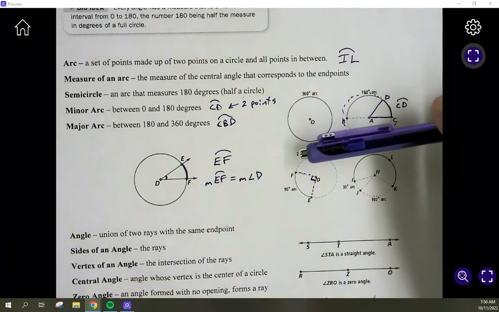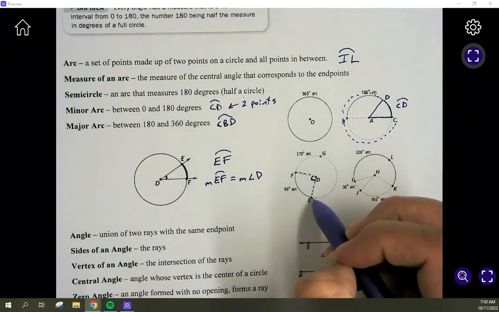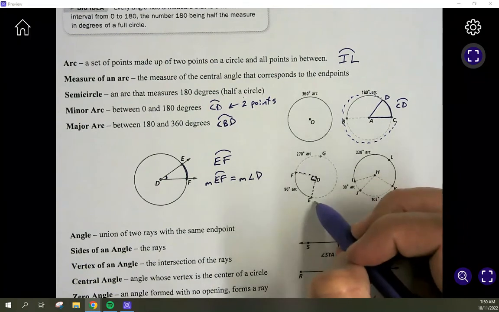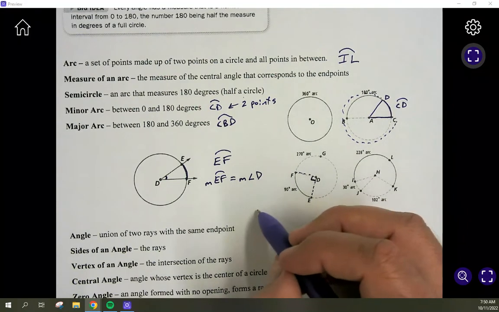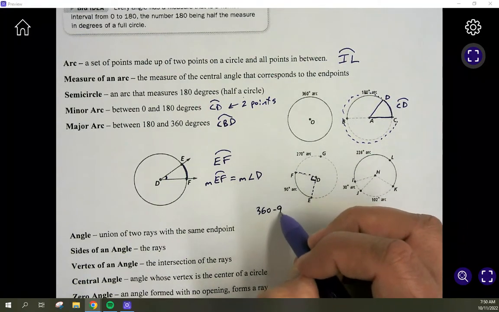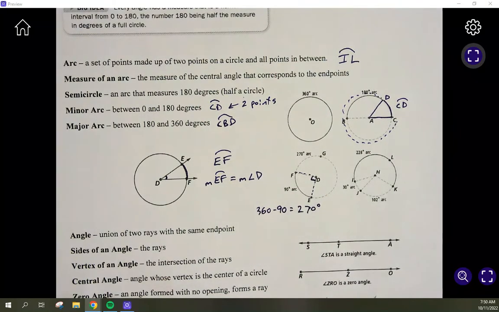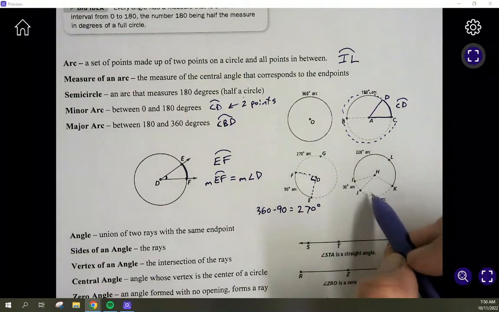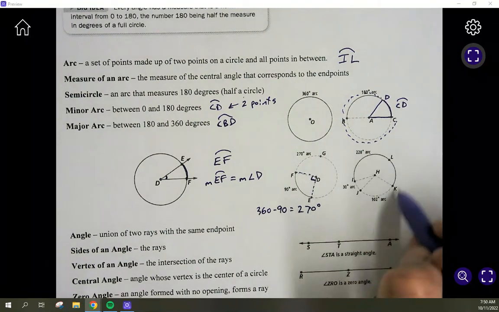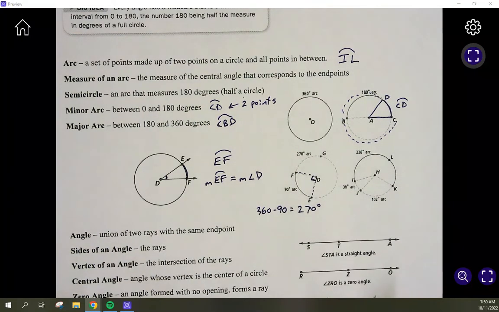And let's say I didn't know that this was 270. If I know this is 90 right here, the whole thing is 360. So if I do 360 minus 90, I'm going to get 270 degrees.